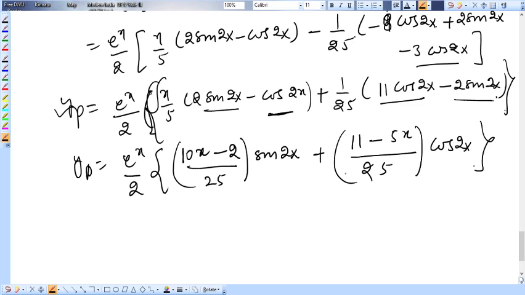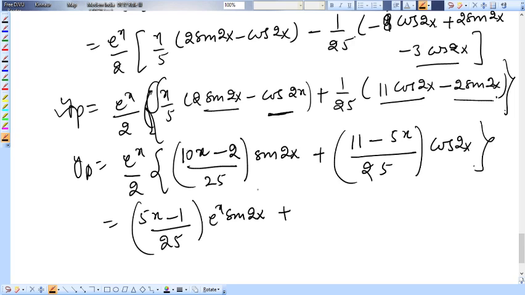So now multiplying inside with exponential by 2 we get, so 2 to cancel in first term, so 5x minus 1 divided by 25 e^x sin 2x, and in second term nothing will be cancelling out, and we will be having 11 minus 5x divided by 50 exponential cos 2x.